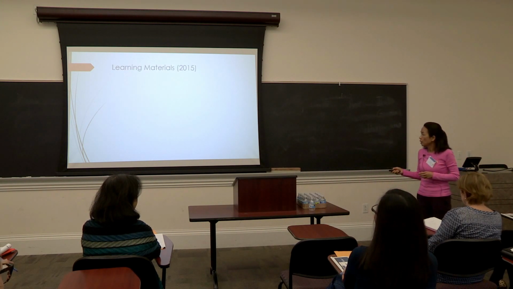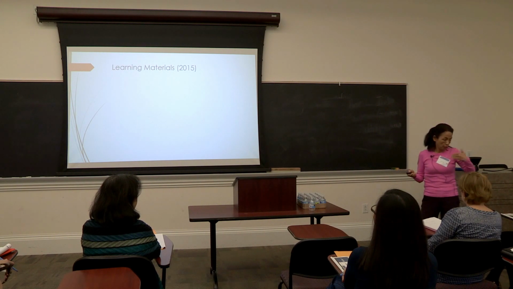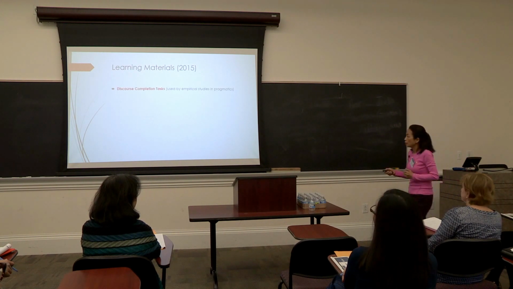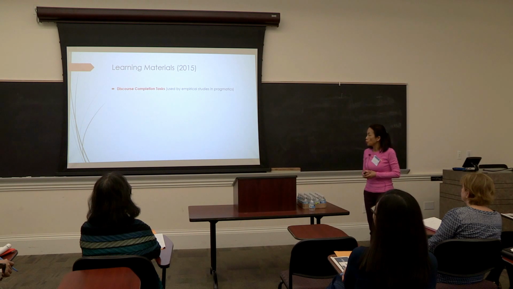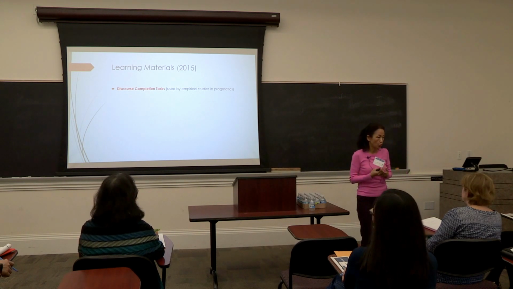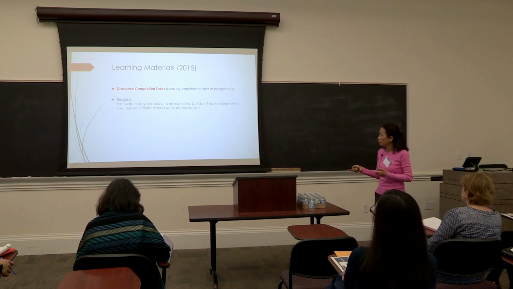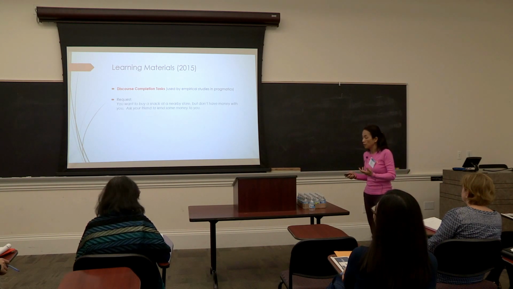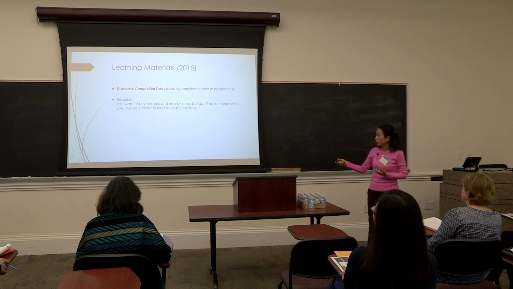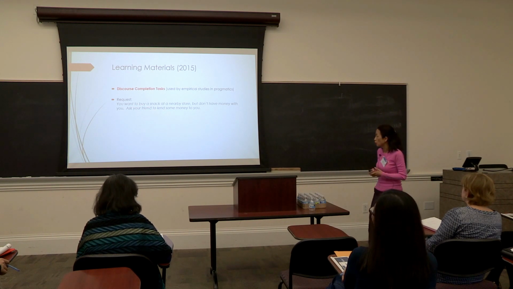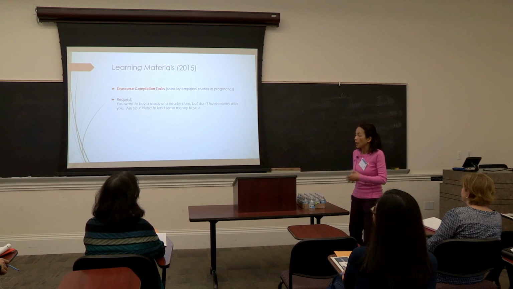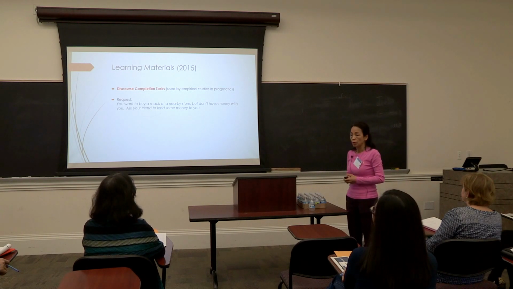So, learning material. Before 2016, I used a lot of data from so-called discourse completion tests, which are used a lot by pragmatic research. What does that mean? For example, they give a native speaker a scenario. For example, this is a request: you want to buy a snack in a nearby store, but you don't have money with you, ask your friend to lend you some.